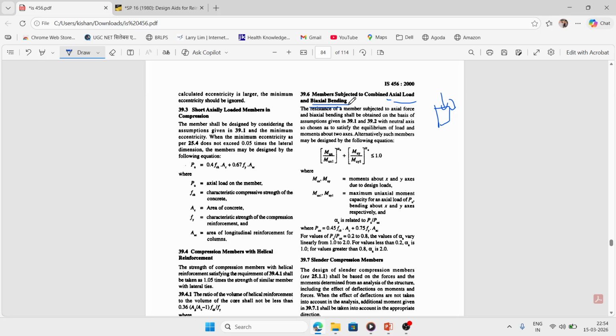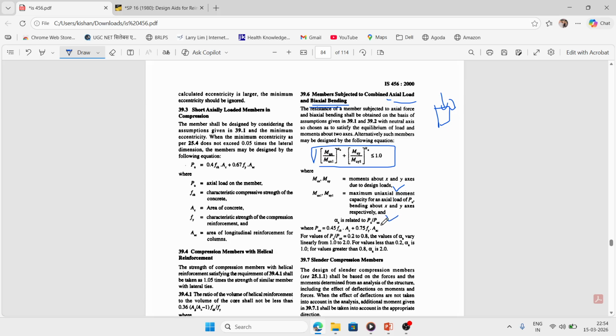Here we have to check whether this value comes less than 1 or not. MUX and MUY are the moments about the x and y axis due to the design loads, and MUX1 and MUY1 are the maximum uniaxial moment capacity for the axial load PU, bending about the x and y axis respectively.